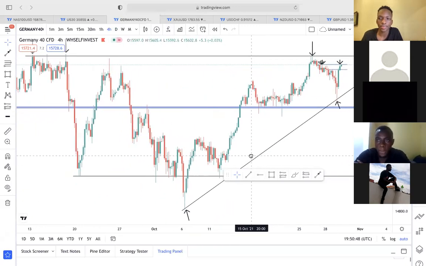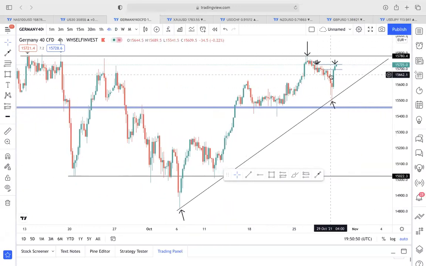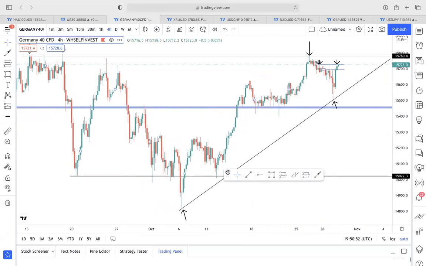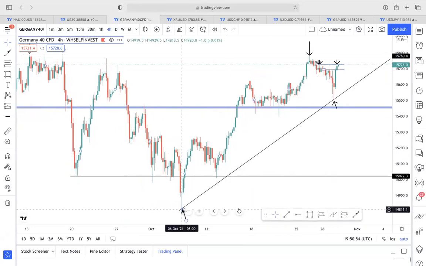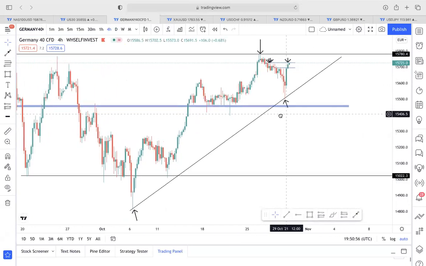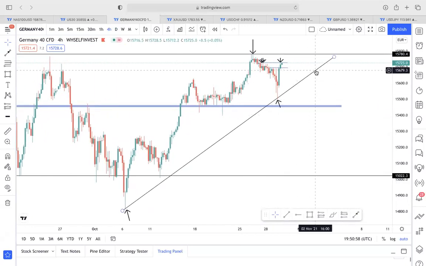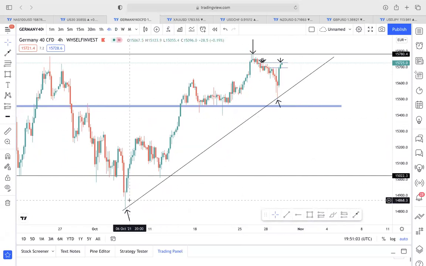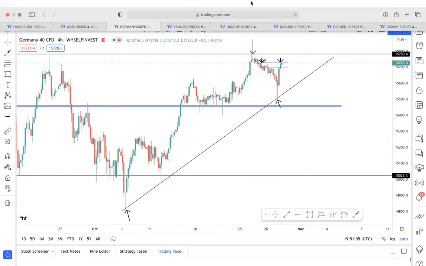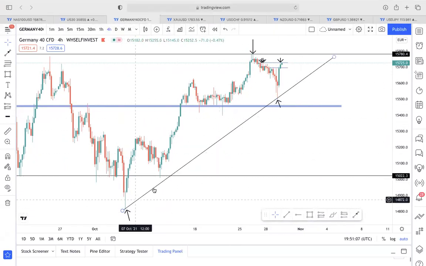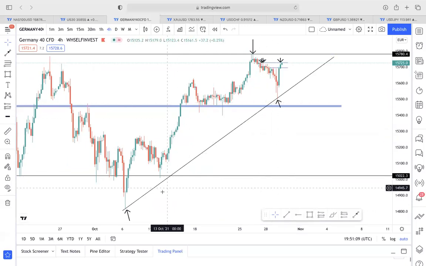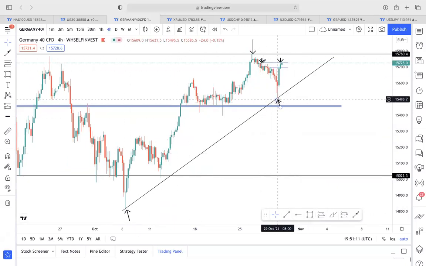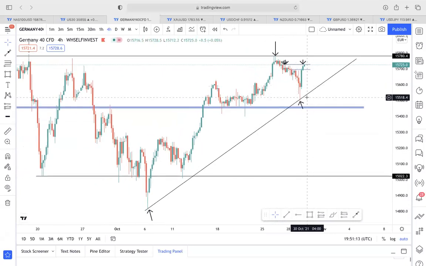Okay, we minimize this. So you can see, guys, that we have our lower highs: first lower high, second lower high, obviously waiting for the third touch, right? Now it's German 40 because 10 companies were added. German 40 is pushing up based on the second touch, and we don't enter on the second touch.